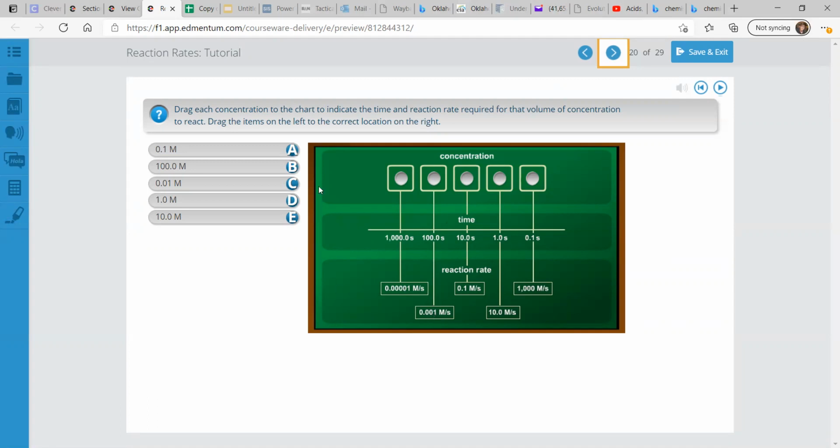All you really have to do is multiply this number by this number.